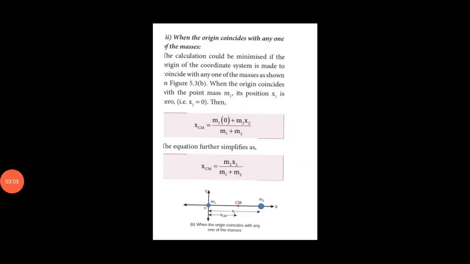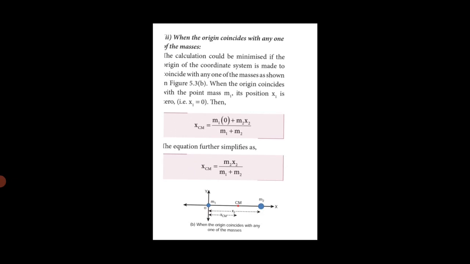And what is the second case? In the first case, the two masses are on the positive x-axis itself. But in the second case, we take one mass at the origin and the other on the positive side. When the origin coincides with any one of the masses, the calculation is minimized. When the origin coincides with the point mass m1, its position x1 is equal to 0.